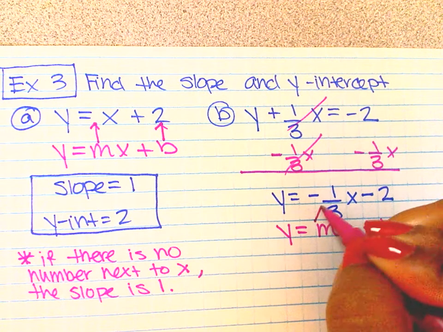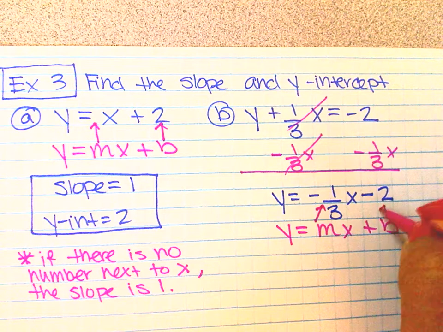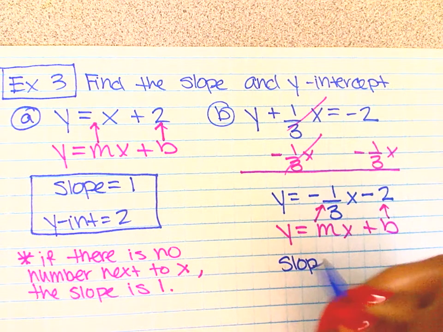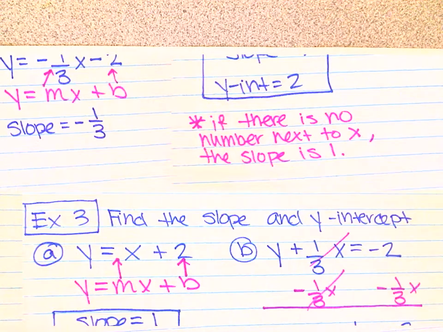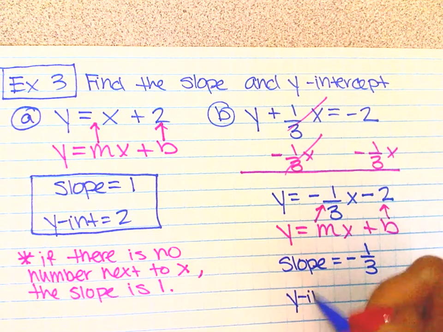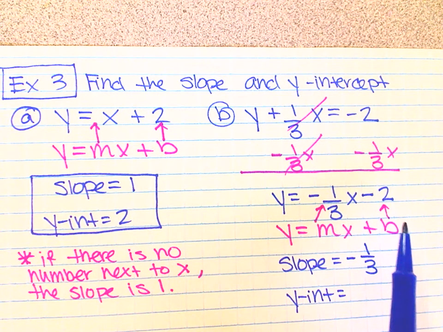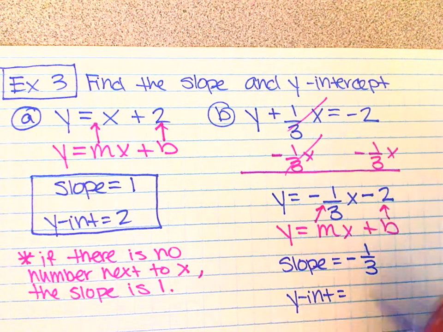What's my m in this equation? The number that's next to x, negative 1/3. b is the other number. So my slope is negative 1/3. That's the number that's in front of x. And then my y-intercept is negative 2.